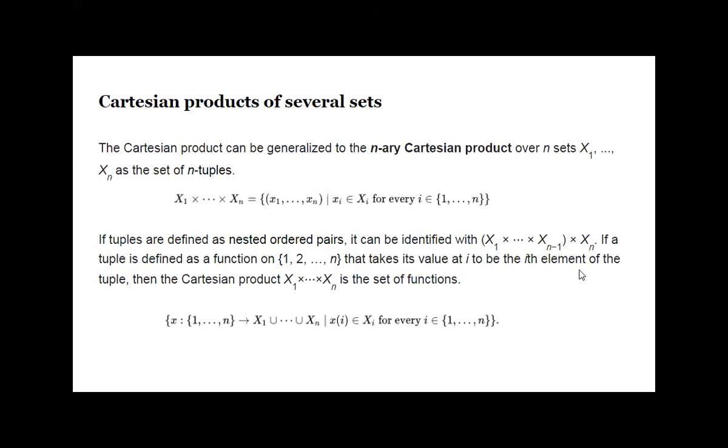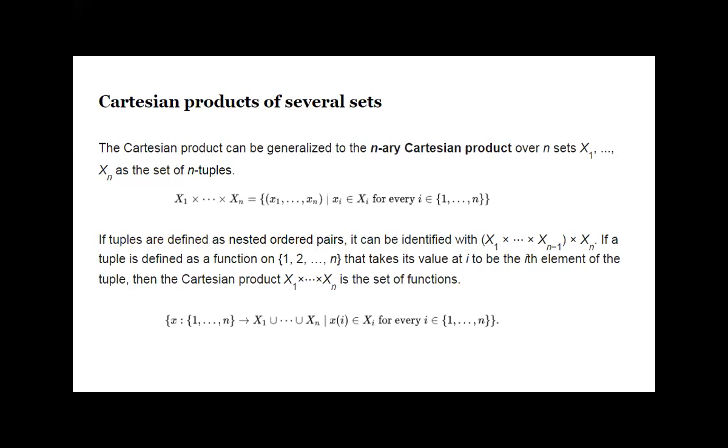If a tuple is defined as a function on 1, 2, 3 up to n, that makes its value at i the ith element of the tuple.